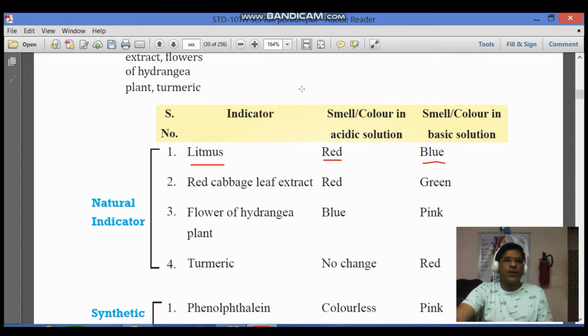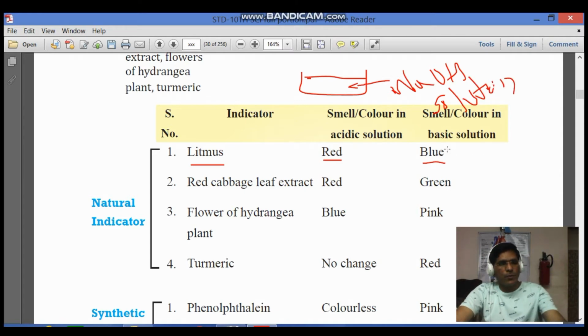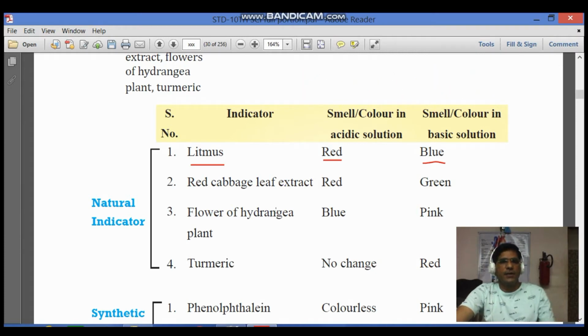If I take NaOH solution, sodium hydroxide, in a beaker, we know that NaOH solution is a base. Now if we put litmus paper, it will turn blue. That is an example of litmus paper.